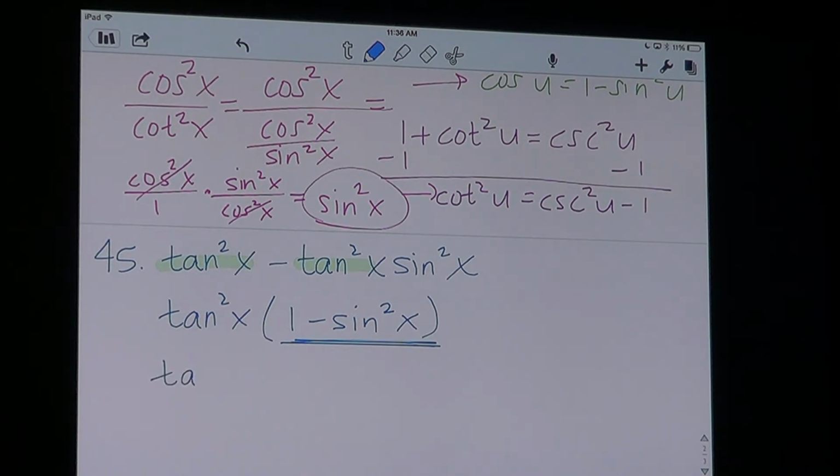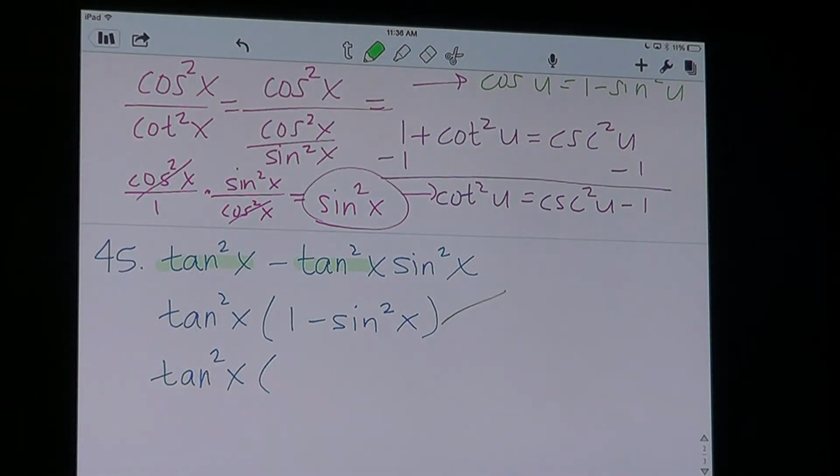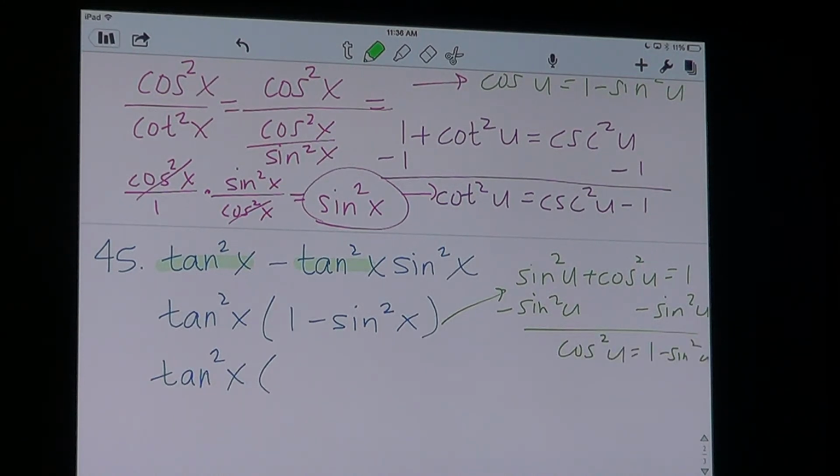So it's tangent squared x times cosine squared x, because of the Pythagorean identity that says sine squared u plus cosine squared u equals 1. You don't have to write this, it is just to help you. If you subtract sine squared from both sides, you get cosine squared u equals 1 minus sine squared u. So that's cosine squared x.